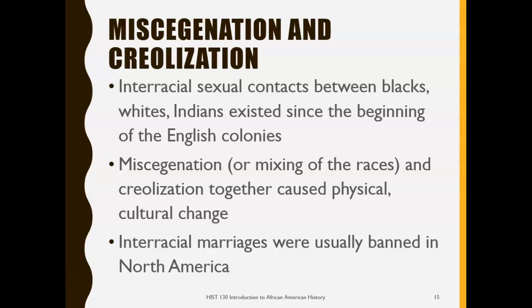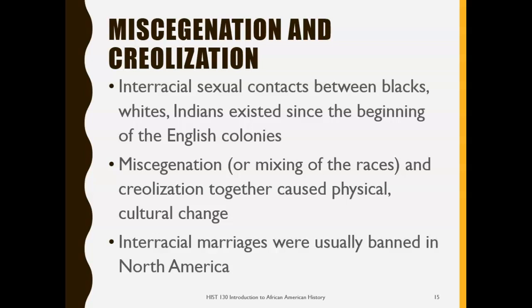Now let's talk about the sexual life on the plantation. Interracial sexual activities between blacks, whites, and Indians existed since the beginning of the English colonies. As a result of that, we have what is called miscegenation, or mixing of races, and creolization. Creolization is specifically about the children of white men and black slaves.